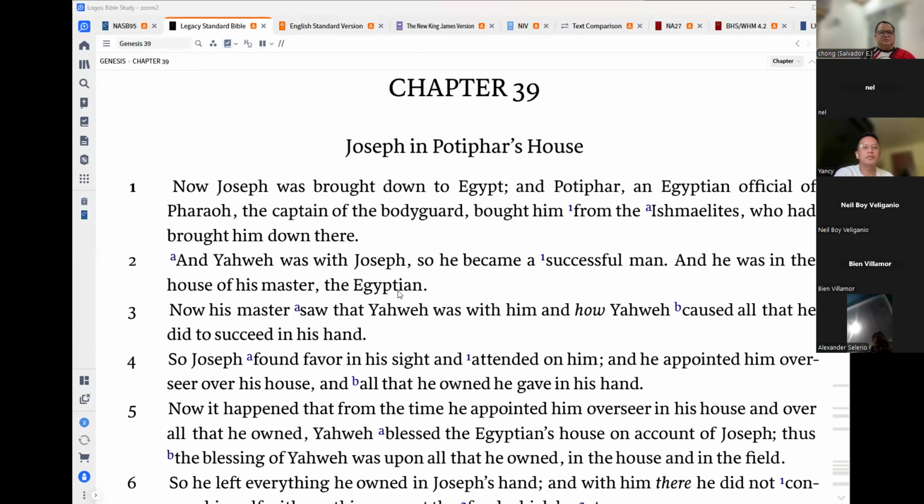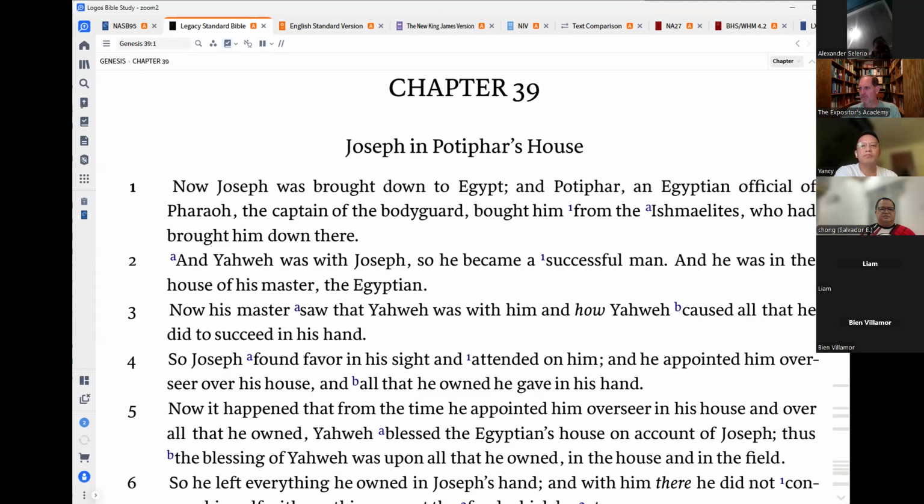We're going to read through from 1 to 23. So maybe we'll take 5 verses each. I'll have Nell, if you could start for us and read verses 1 to 5.